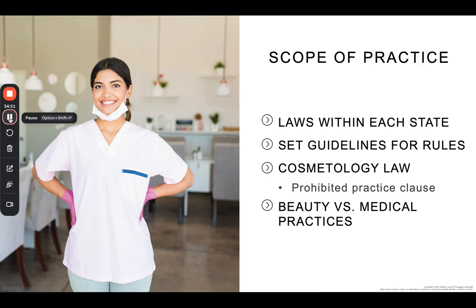Laws or statutes also set guidelines for regulatory agencies and boards to make rules. Nail technicians are governed under cosmetology, so you will find the definition of nail technology under cosmetology laws. The definition of each license clearly states what can be done with that license, and those are the only practices that are permitted within the state.